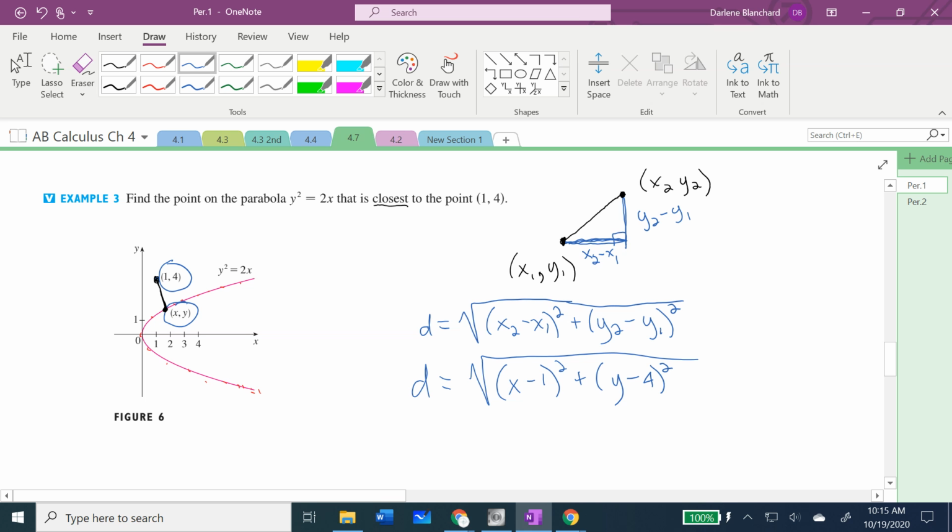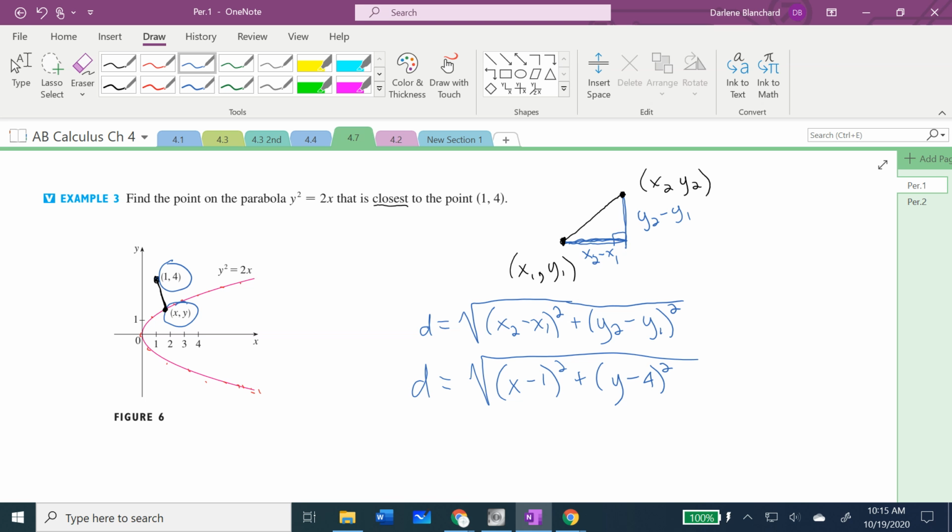When you have an optimization problem and you're dealing with single variable calculus, you need to get an equation for what you're optimizing in terms of one variable. Right now the distance is in terms of two variables. And sometimes you want to ask yourself, what is the relationship that x and y have that's so important?